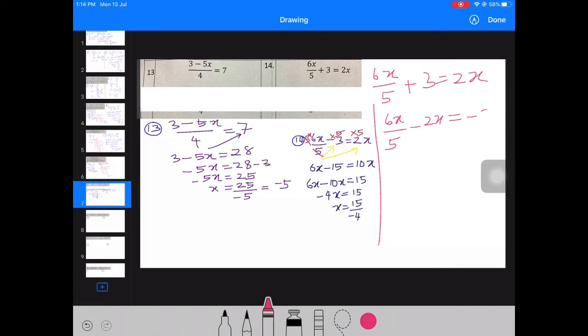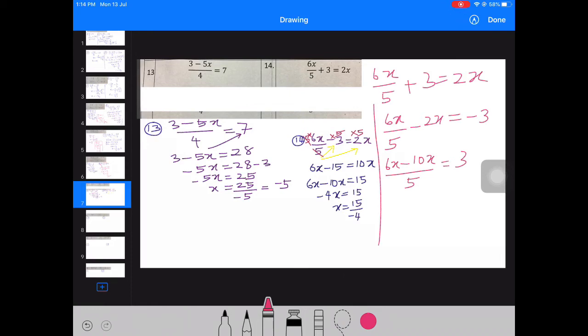So here it becomes positive 3. Now you just take your calculator and calculate what is 6 over 5 minus 2. So 6x, we can write minus 10x over 5 equals to 3.